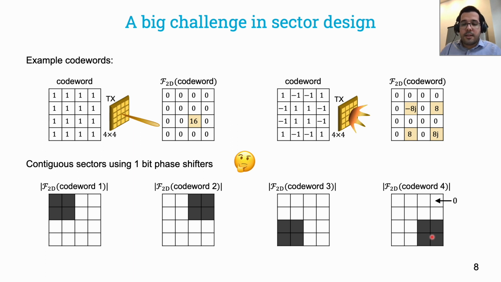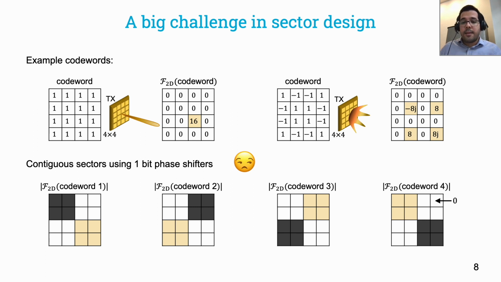It turns out that it's not possible. You see, the code words that we have are real valued in this case because their entries are either +1 or -1. So their 2D DFT must have the conjugate symmetry property, but these sectors over here don't have this property. By this property, I mean that if these entries are non-zero, these entries should also be non-zero.